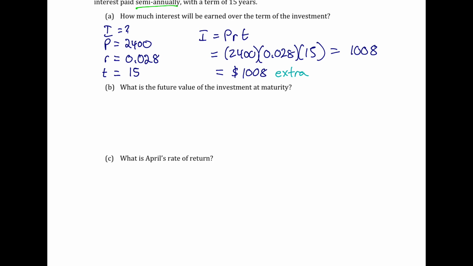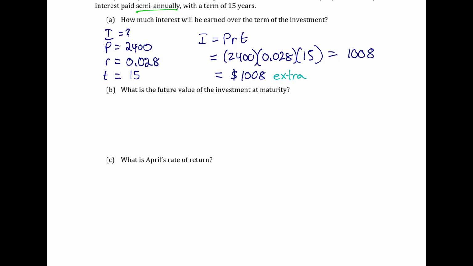That's the amount that you gained. That's not the total amount. You didn't have $2,400 and it turned into $1,000. You got $1,000 more. And so that's the future value button. So the future value you can also write as the interest plus the starting amount. So it's 1,008 plus the 2,400 you started with, and you get 3,408 in total.